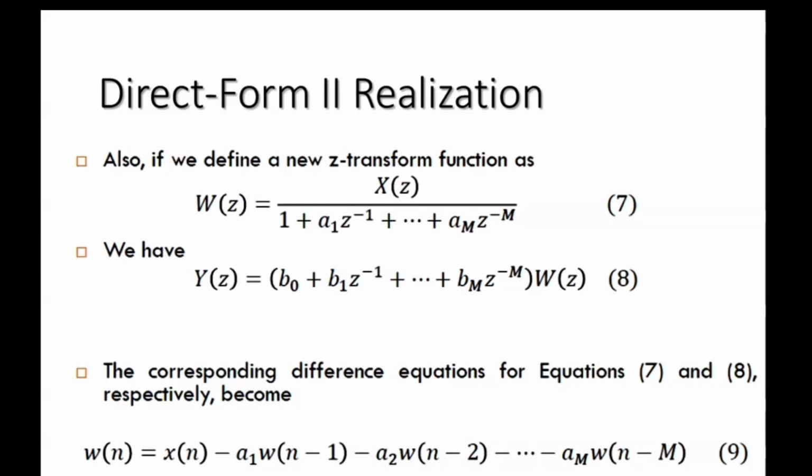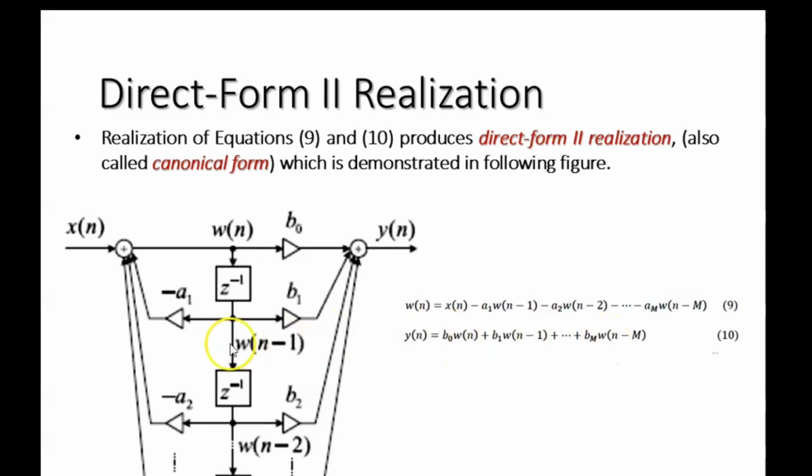Similarly, for the eighth equation, I will get y of n is equal to b0 into w of n plus b1 into w of n minus 1 plus up to bm into w of n minus m. So this is your tenth equation.